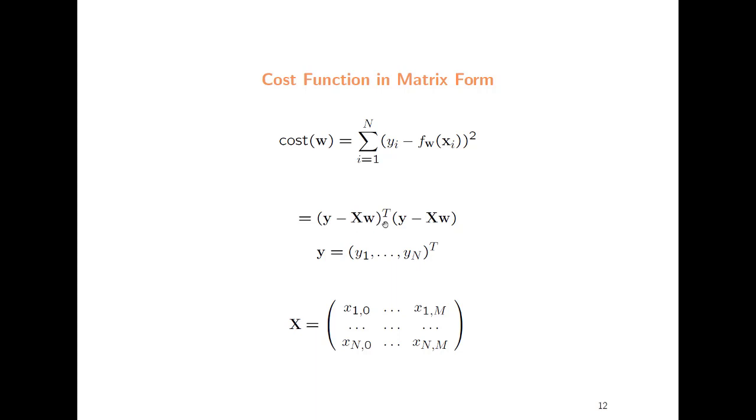We take the transpose, so we make a column vector out of the row vector, and we multiply it with the same vector. This gives us the summation of the squared differences. So we can write the cost function in this convenient way, without any sums or indices.